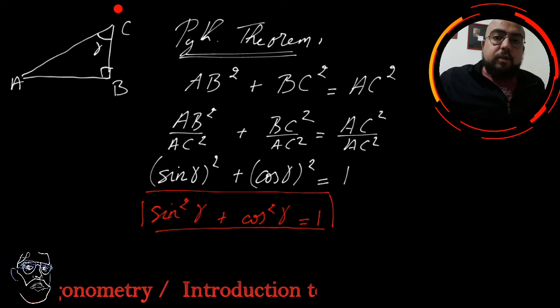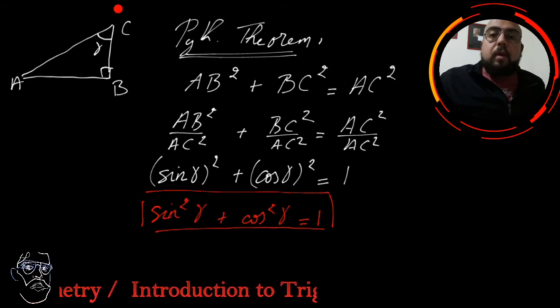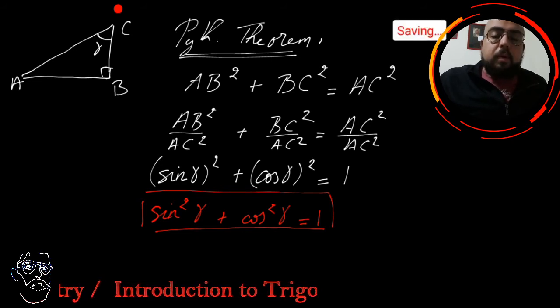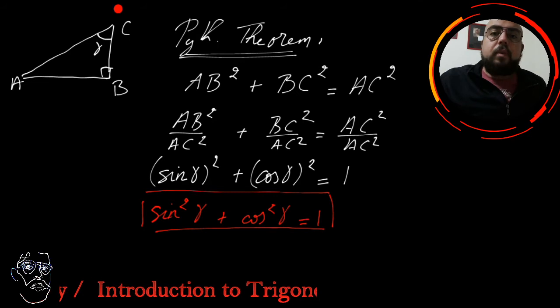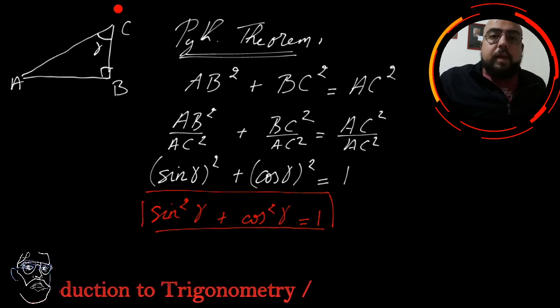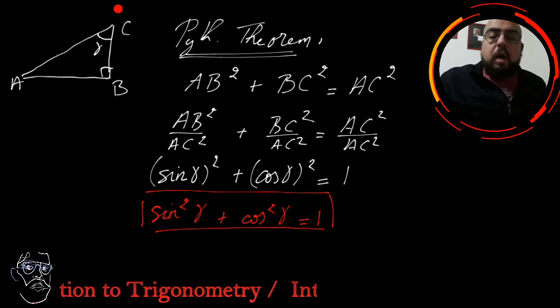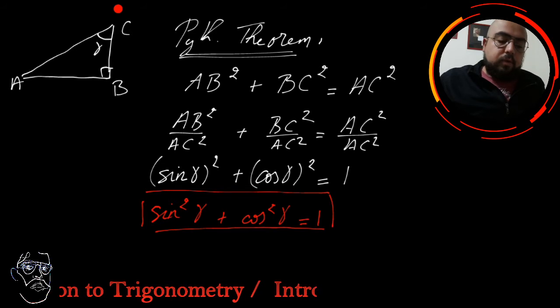These triangles actually can give me the values of any trigonometric function related to particular angles. The particular angles are 0, 30, 45, 60, 90. So whenever I'm going to find sine of 0, cosine of 0, etc., I can simply use triangles, and from these triangles I will be able to find the values.